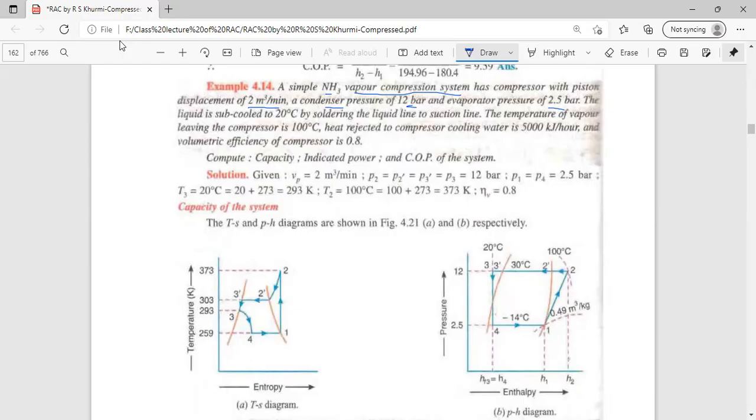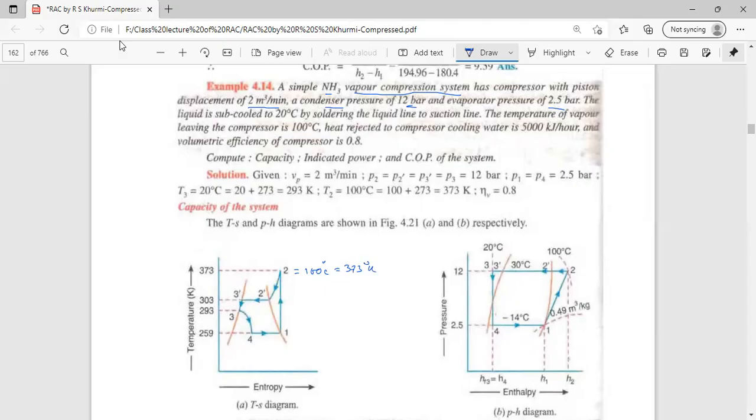So it is shown that at the end of compression, this refrigerant is in a superheated state, and when it is leaving the compressor, that is at point 2 in the slide, its temperature is equal to 100 degrees centigrade, or 373 Kelvin.